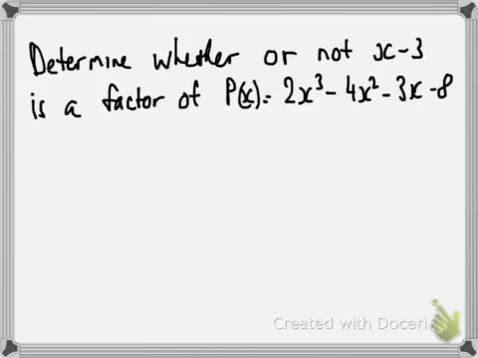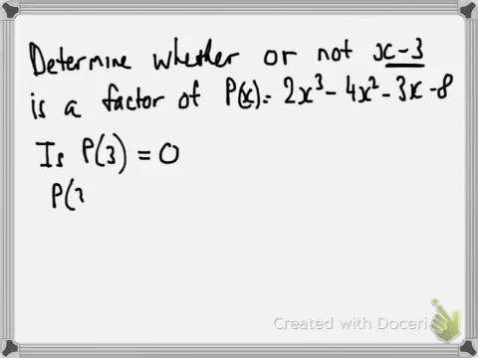Right, so if you want to determine whether or not x minus 3 is a factor of that polynomial, what we're looking at is p of 3, opposite sign. Notice we've got negative 3, so we're putting in 3. Is p of 3 equal to 0? Let's have a look. So p of 3, we place 3 into the polynomial.